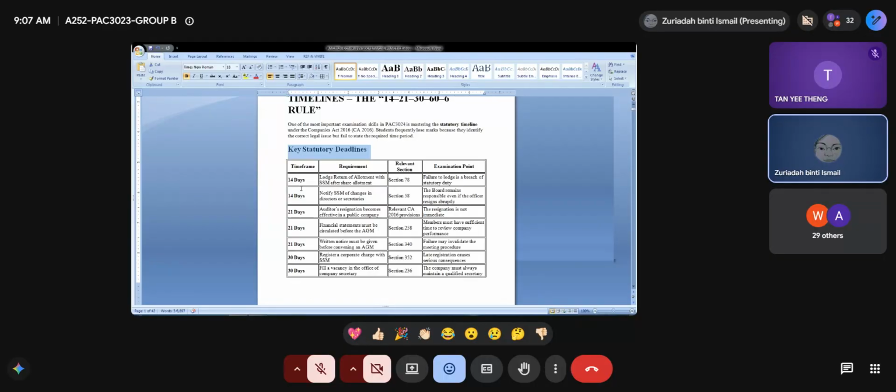For example, when the question asks about shares allotment, which is one of the necessary things for your final assessment, the submission of the document must be completed within 14 days.